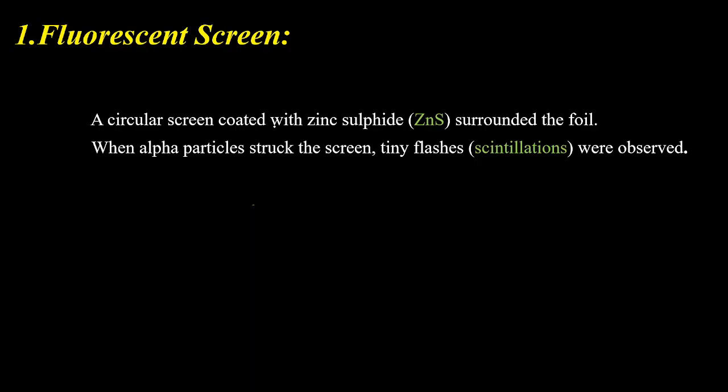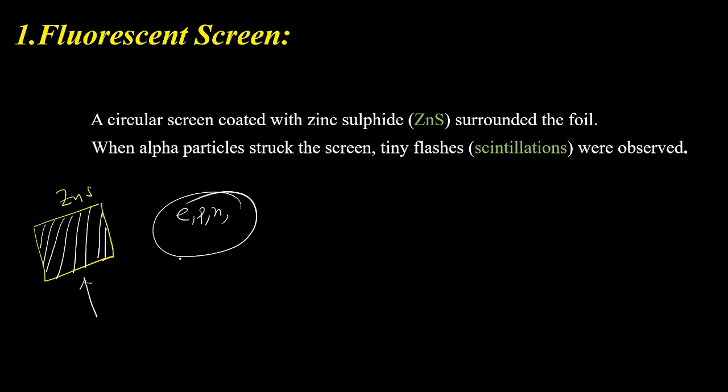A fluorescent screen was used. Now, what is a fluorescent screen? A fluorescent screen means any screen or surface which is coated with zinc sulfide-like substances. If this is a screen or surface coated with zinc sulfide, when a fast-moving particle like an electron, proton or neutron hits this surface, a flash of light appears.